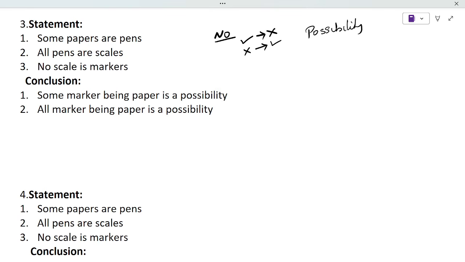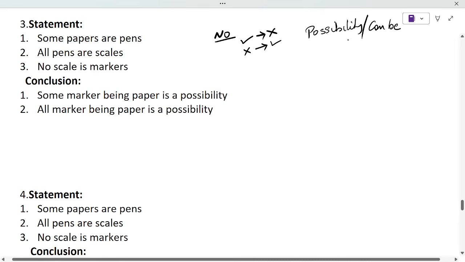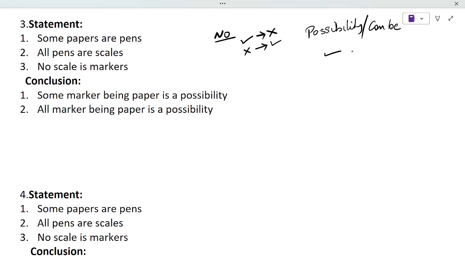In the possibility case, if they can touch, the answer is true. Only if they cannot touch, the answer is false.